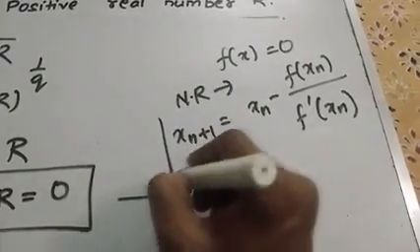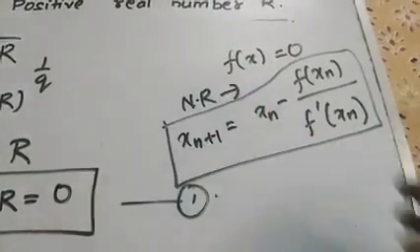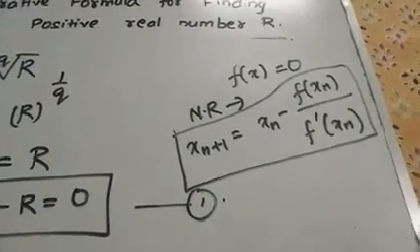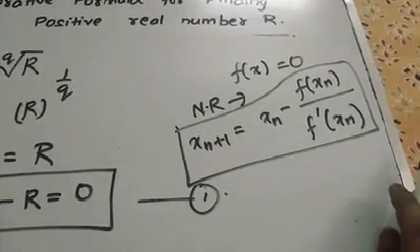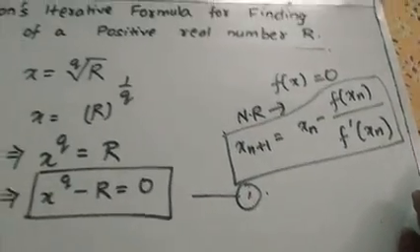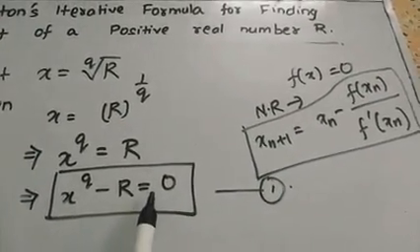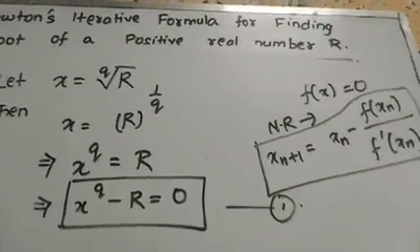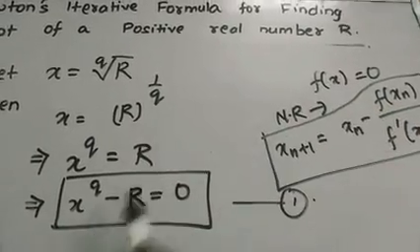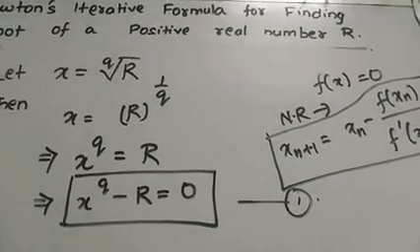This was your formula of the Newton-Raphson method for a function f of x equals 0. Now you can easily get, if you compare f of x equals 0 with this particular expression, what your f of x is here. Here your f of x is nothing but x to the power q minus r.